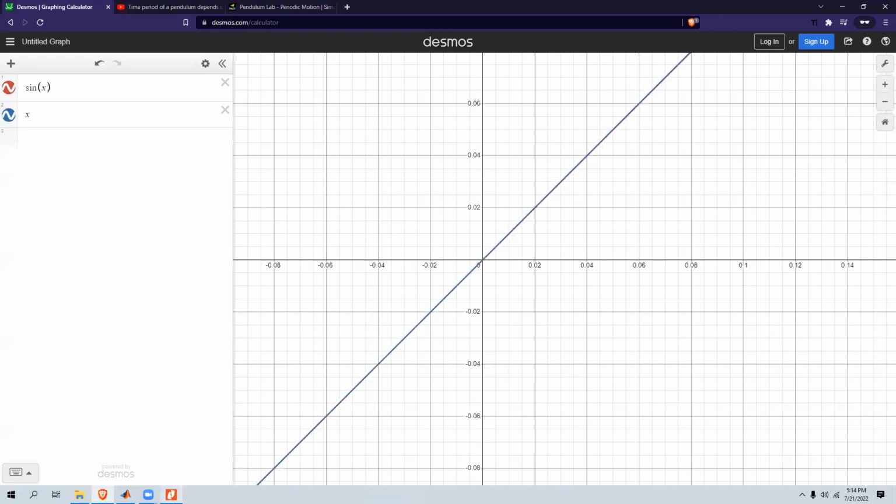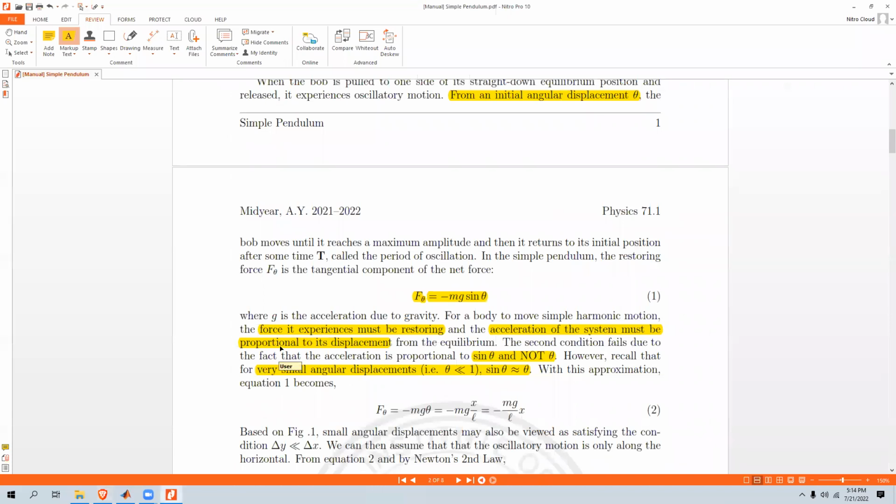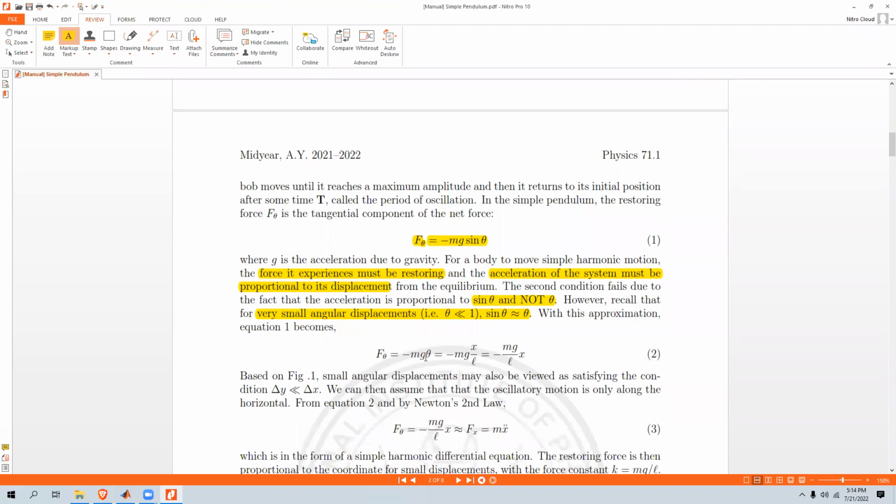All right. So going back to our manual, with this approximation, we can write F is equal to negative mg theta. Now, theta is an angular displacement. If you recall some basic mathematics that you have previously encountered, the angular displacement can be expressed in terms of an arc length.